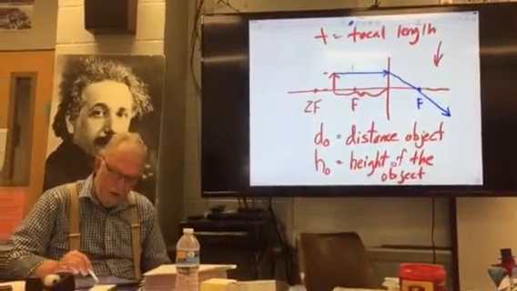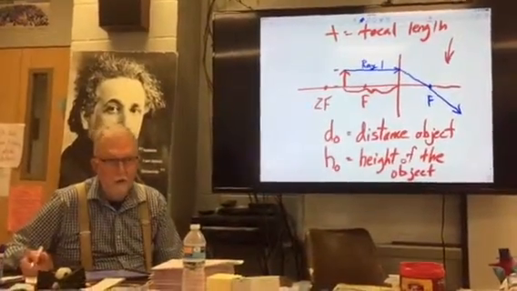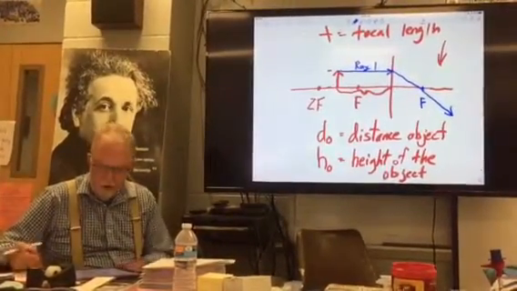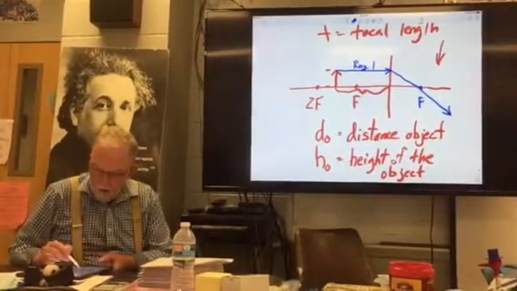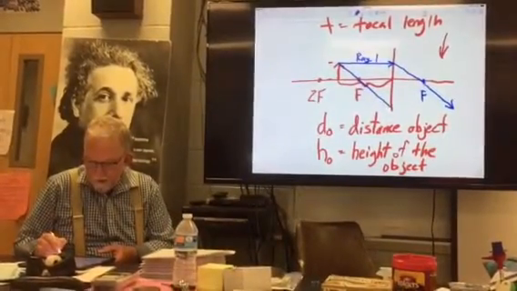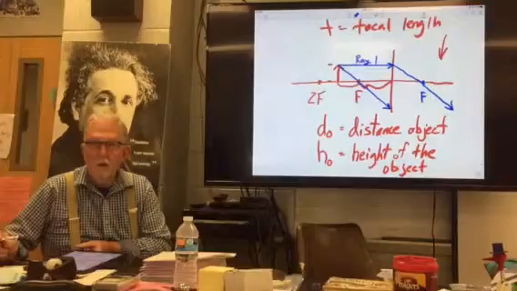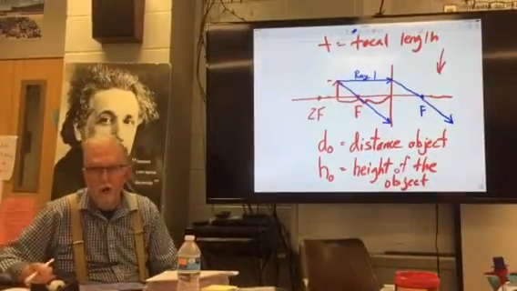That's sometimes called ray 1. There's no particular nomenclature here. It doesn't matter which one you do first. The next one, as you probably have already figured out, is going to go through the focal point on this side and hit the lens. And you see a nice little parallelogram going on here.